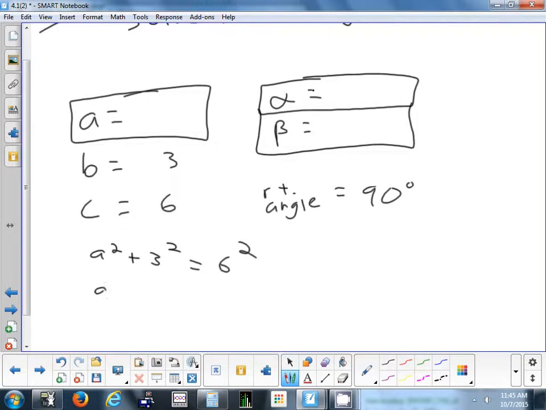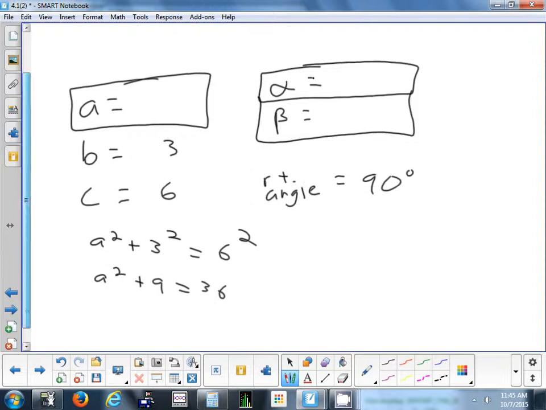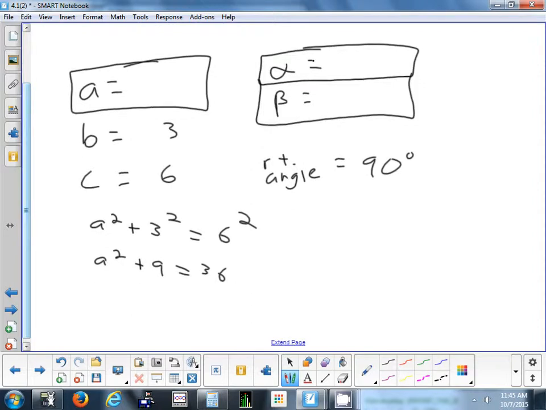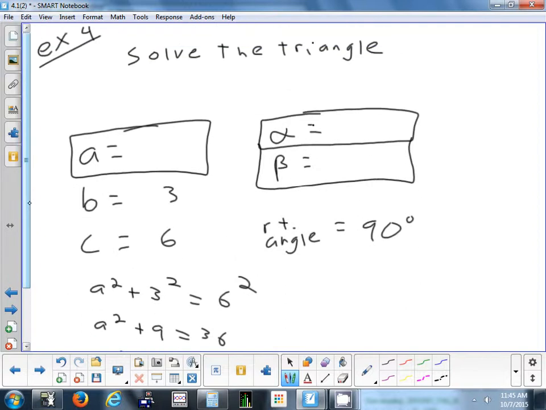All right, so you get A squared plus 9 equals 36. Bring the 9 to the other side. You're going to get A squared is 27. And A is the square root of 27. What does that come out to? Okay, 3 root 3, you can round it to a decimal, that's fine. 5.196? Okay.